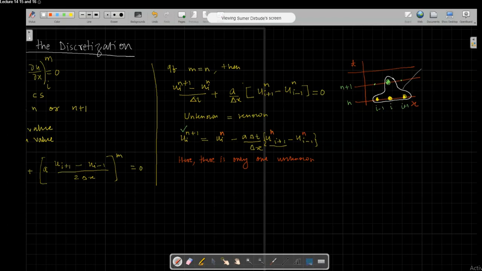This is called a stencil. This is a particular stencil, of forward in time and central in space. Okay. So a backward method will have a stencil of this nature, with 2 points like this.